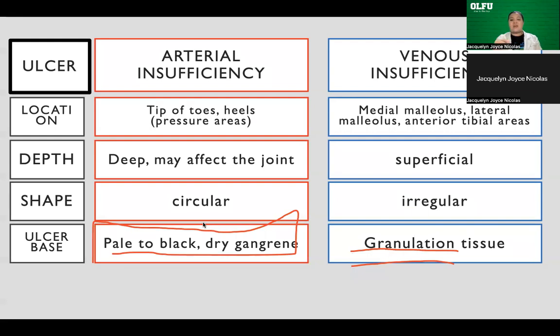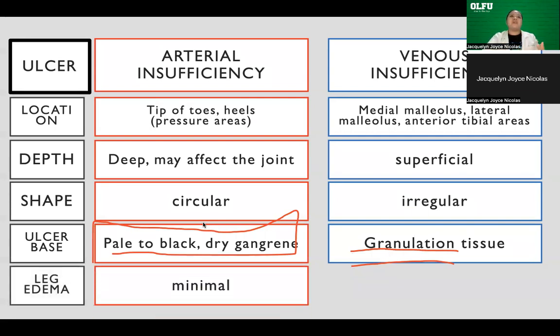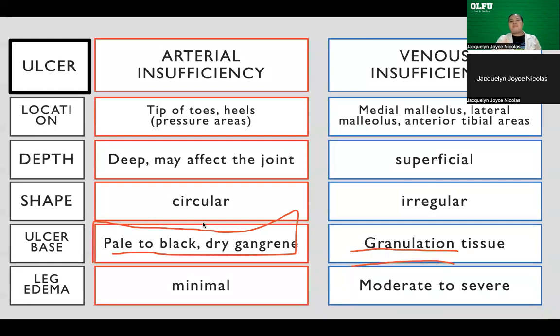Okay? And lastly, okay, let's talk about edema. Meron bang edema o wala? Okay. Kapag arterial, it's very minimal, okay? It's not common to have edema. Pwedeng wala. Kung meron man, parang di mo rin ma-identify it's really edematous because it's very minimal. Unlike for venous insufficiency, edema is moderate to severe.